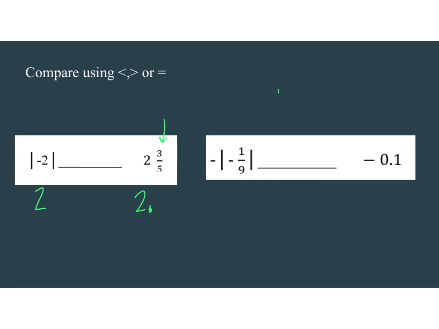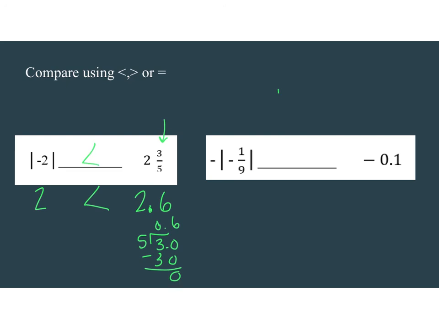We need to divide 5 into 3. 5 cannot go into 3, but it can go into 30 6 times, and that would be 30. And we're done. So it's going to be 2.6 here. So we're comparing 2 and 2.6, which we know 2.6 is actually going to be larger. So we're going to be using the less than sign here.